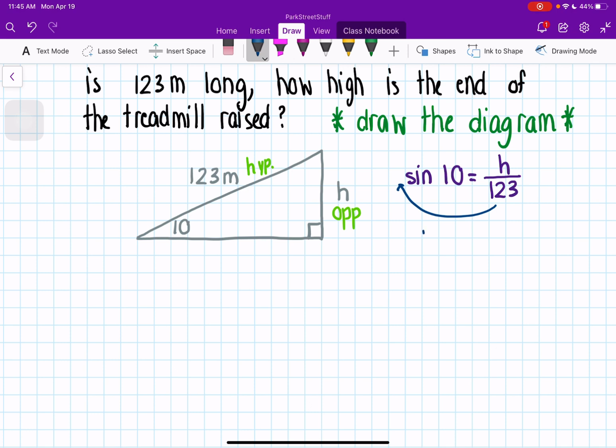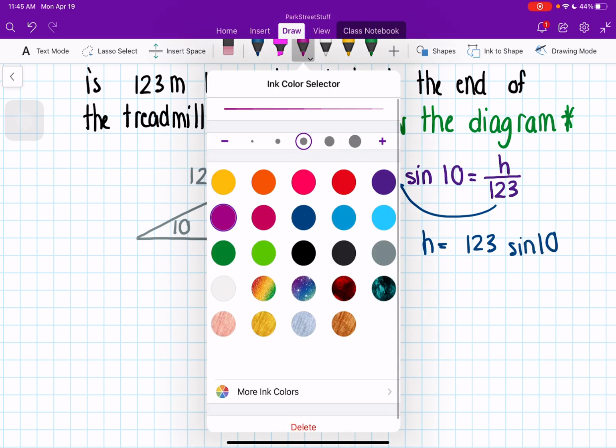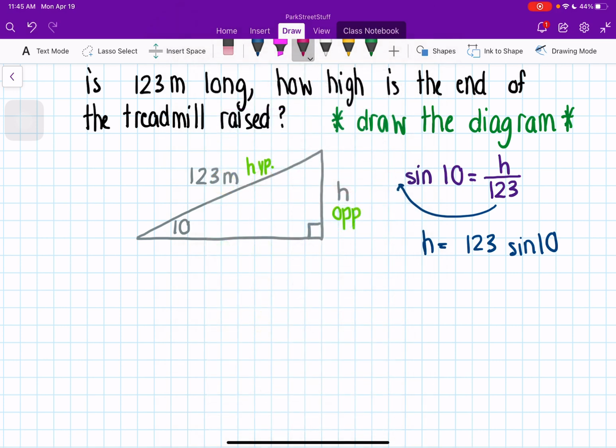So we're going to have the height is equal to 123 sine 10. And now is when you bring your calculator in. And it's going to give you your answer. And so we're going to go 123 sine 10.